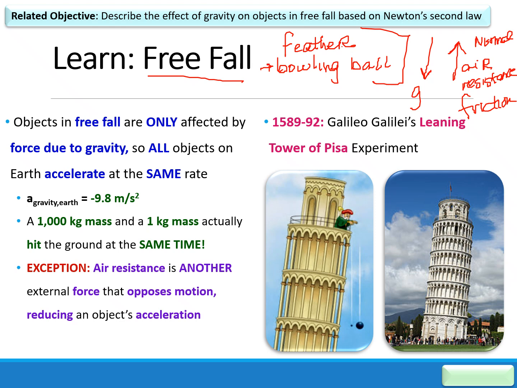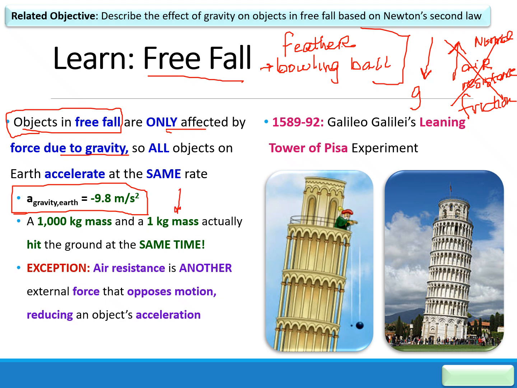However, what's astounding is if you take this out and you remove the air, then you have an object in free fall. And that's when they are only affected by the force due to gravity. And if it's on Earth, all objects have the same amount of gravity acting on them. All of them have a negative 9.8 meters per second squared, pulling them down towards Earth.